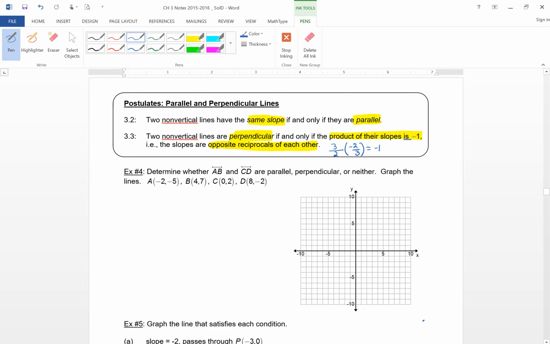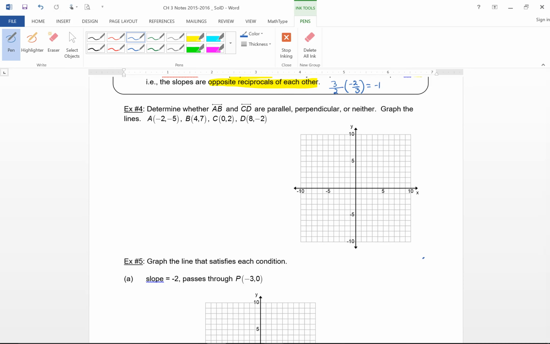Okay? All right, so here we have, it says determine whether AB and CD are parallel, perpendicular, or neither, and then graph the lines. So to do this, first I need to determine the slope of AB and then of CD. So let's find the slope of AB.